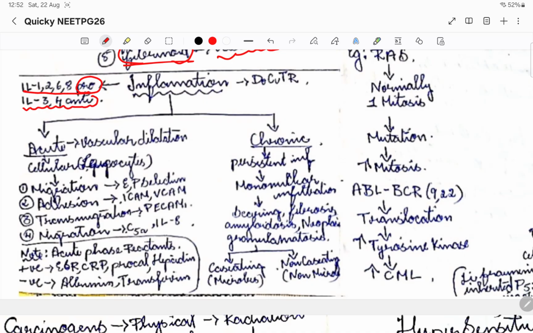So remember, when you go to a doctor with an inflammation or infection, the first thing he will see is dolor, calor, tumor, rubor. You know that, right? So we are suspecting an inflammation. For example, some swelling is there in a patient. What will we see? Dolor, pain.